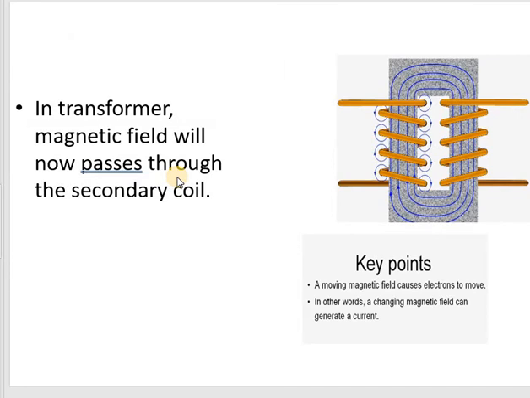So the key here is that a moving magnetic field, due to the alternating current power supply at a specific frequency, causes electrons to move in the secondary coil, and this changing magnetic field generates current in the secondary circuit.